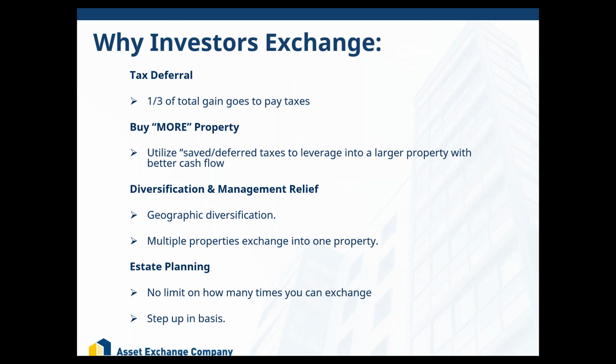So what an investor will do is, by utilizing that tax savings, where no longer do they have to cut that check for the taxes, they utilize that as leverage to go out and buy themselves a better property. Now, hopefully it's going to be a higher dollar property for them, and also hopefully that's going to equate to a higher income producing property for them, all by utilizing the tax savings of a 1031 exchange. Now, what are some of the other things that we see?